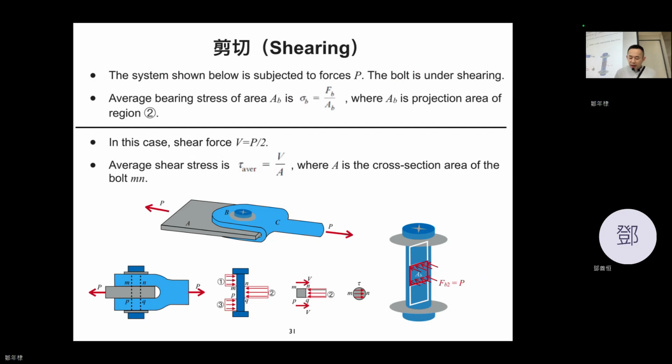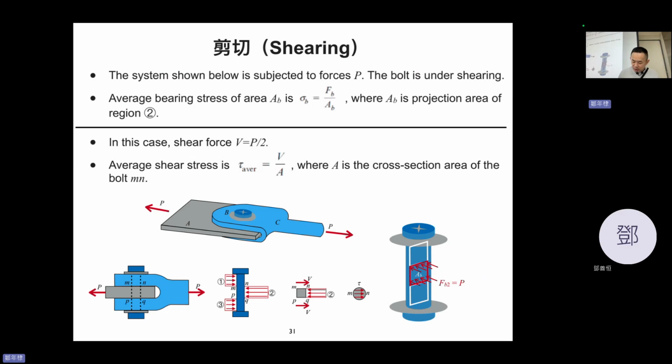The average bearing stress of area AB is sigma B equals F over AB, where AB is the projection area of the region. What does that mean? Please follow me. You can see that this figure has P doing a tensile load.